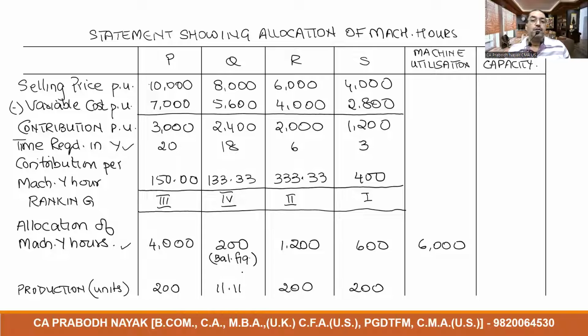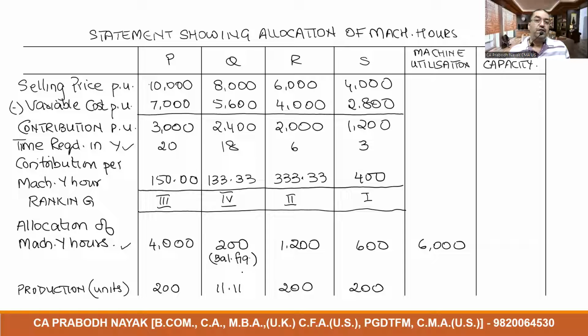So the production of all the four commodities has been decided on the basis of machine Y number of hours available. Now, on the basis of machine Y, we have decided the production.